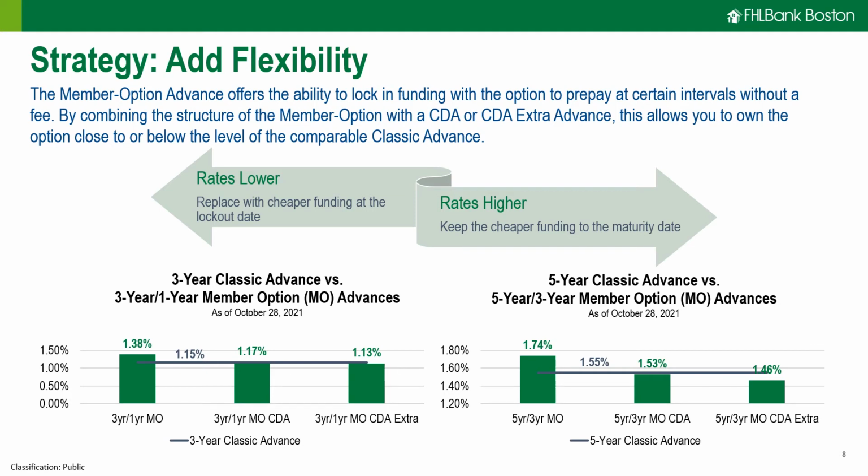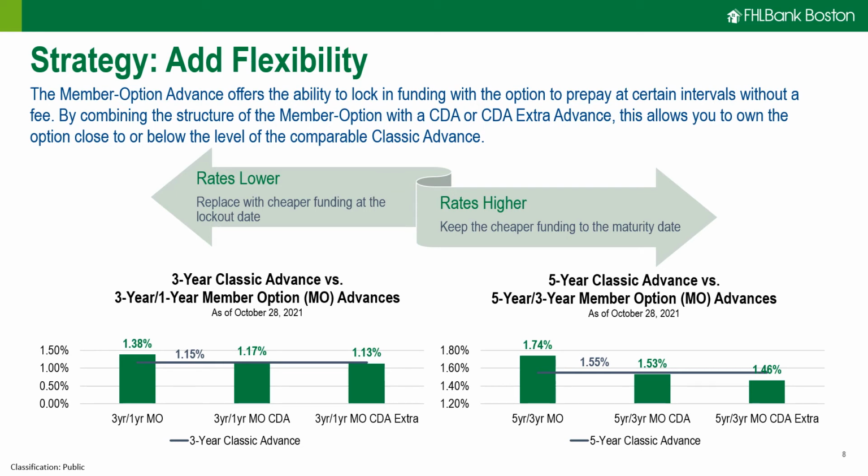There are different structures, and we can customize structures depending on if there's an asset that you're trying to fund or what you're trying to do on your balance sheet. I've given a couple different examples here. One is a 3-year, 1-year member option, and the other is a 5-year, 3-year member option.